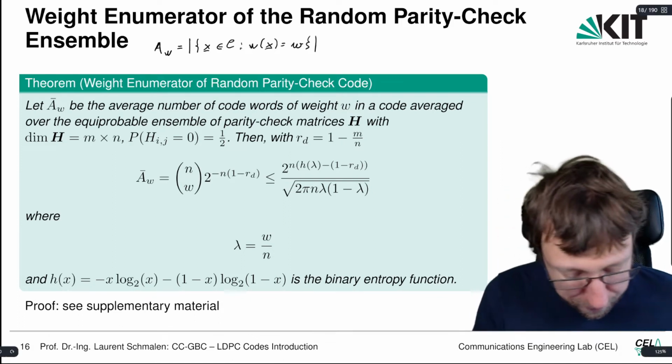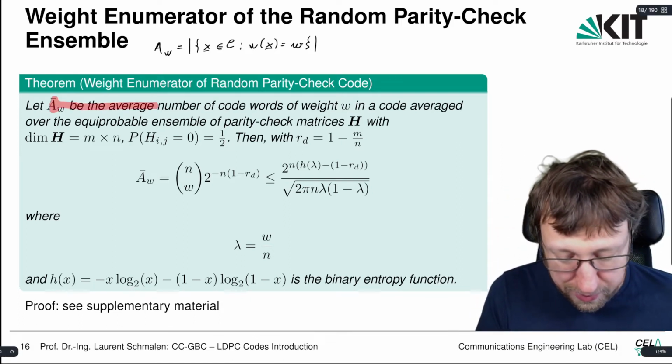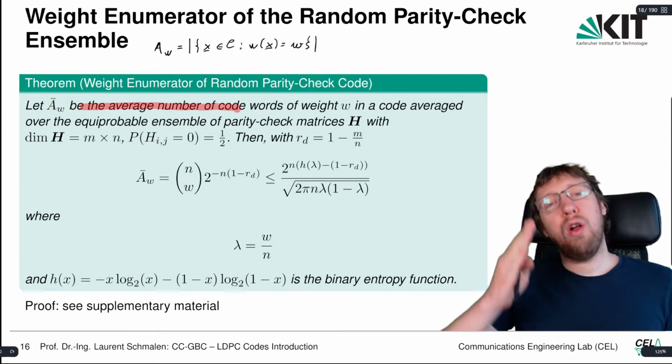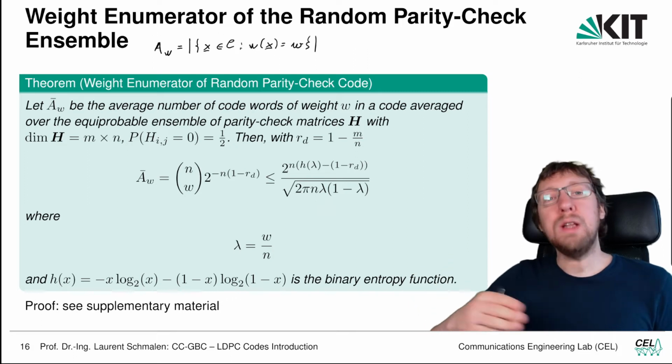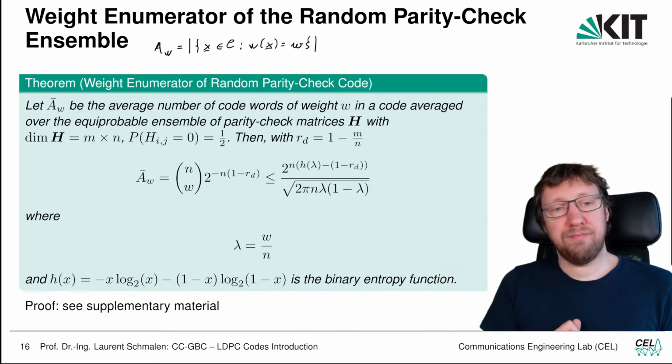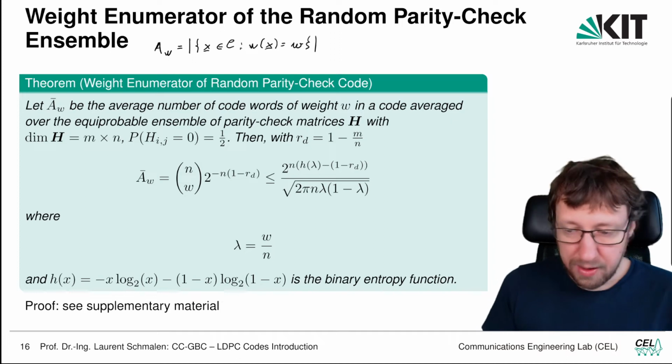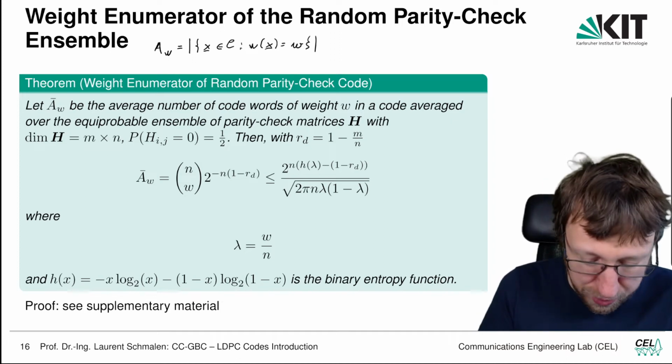And then we have an average weight enumerator. So if we construct all the possible codes from this ensemble, we calculate the weight enumerator. What's it going to be on average? That's the average weight enumerator.